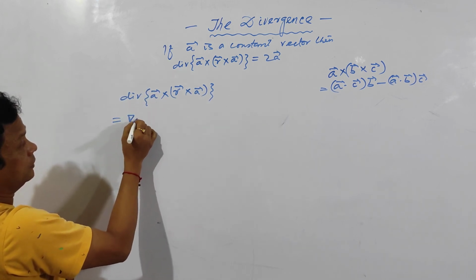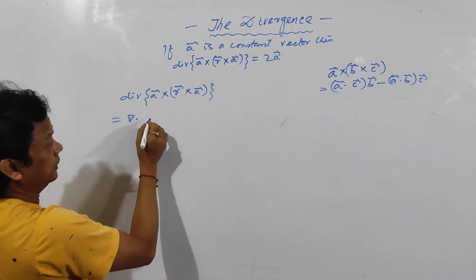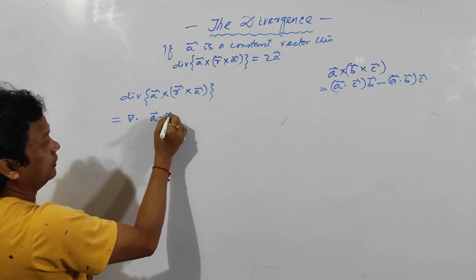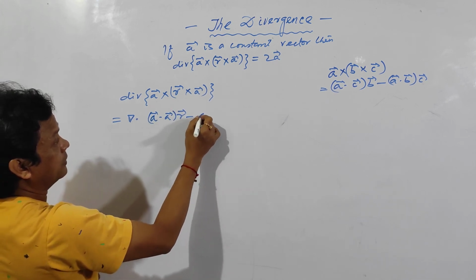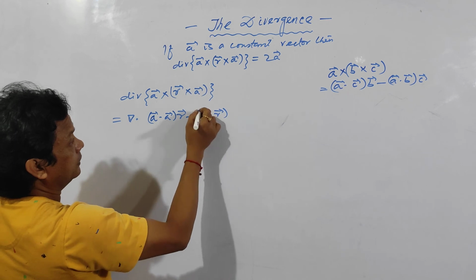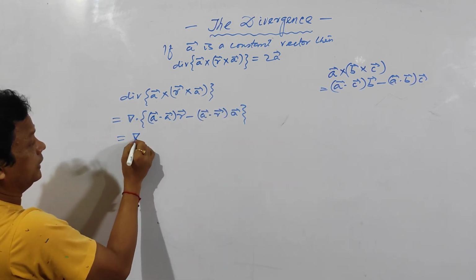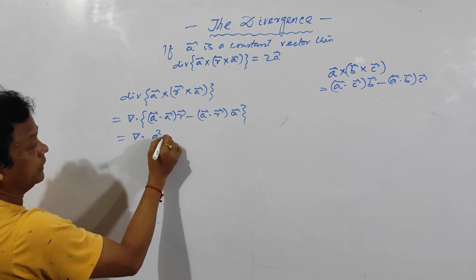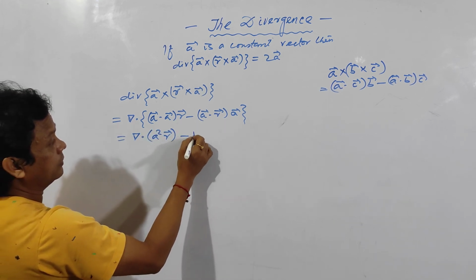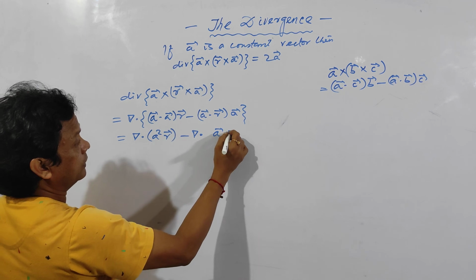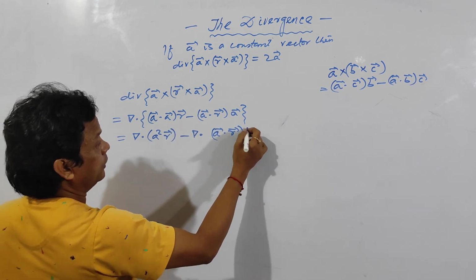It is called del dot. Apply the vector triple product formula. A dot A into r minus A dot r into A. Here del dot, this is A square r vector minus del dot A dot r into A vector.